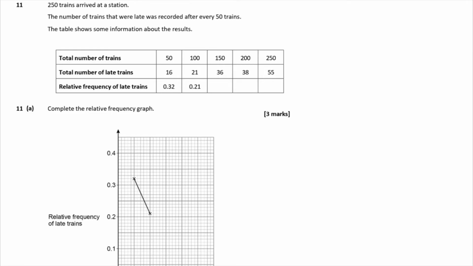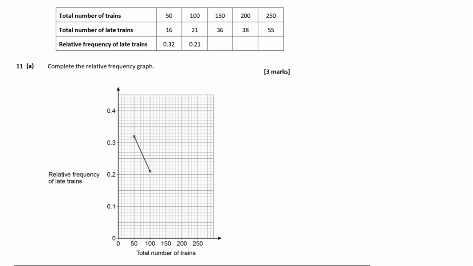Okay, now in order to complete the relative frequency graph, we need to complete the table first, don't we? Now you'll see that 0.32, the first relative frequency there, you can get by dividing 16 by 50. That gives you 0.32. And 0.21 is 21 over 100.